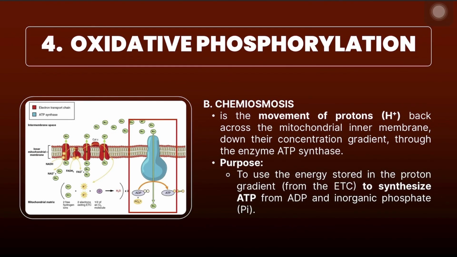So now we'll be focusing on chemiosmosis. When we say chemiosmosis, it is the process by which the energy stored in the proton gradient is used in order to synthesize, or make, ATP.